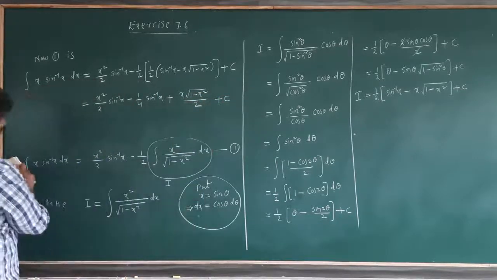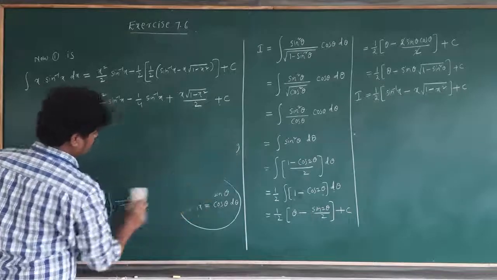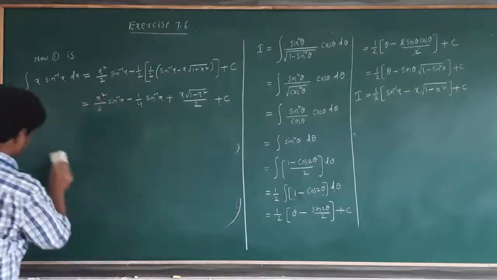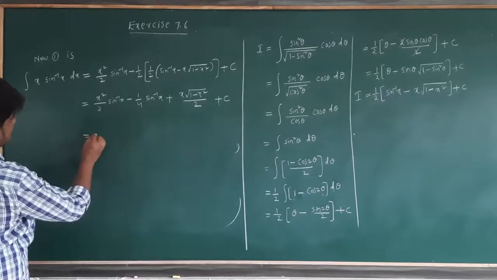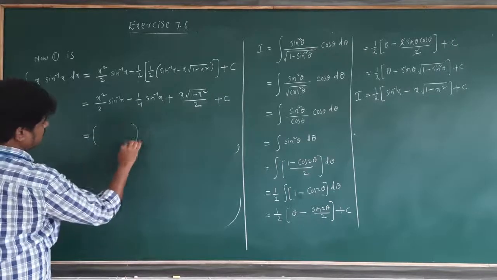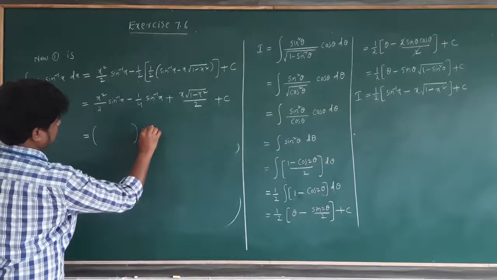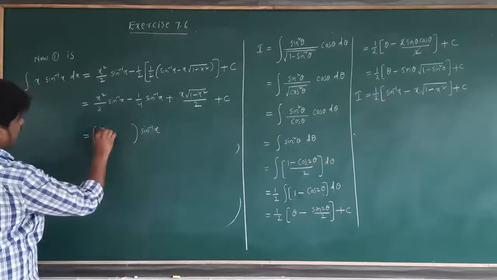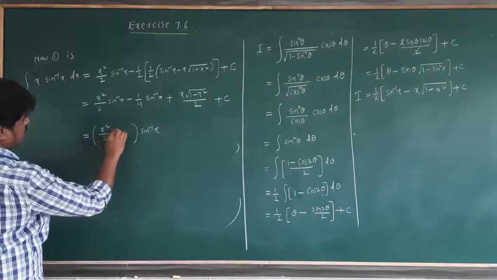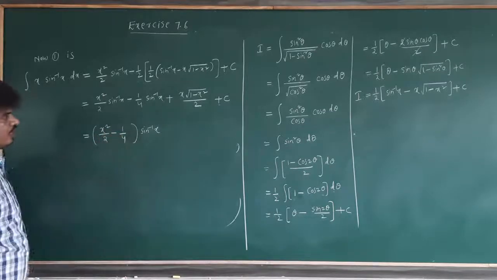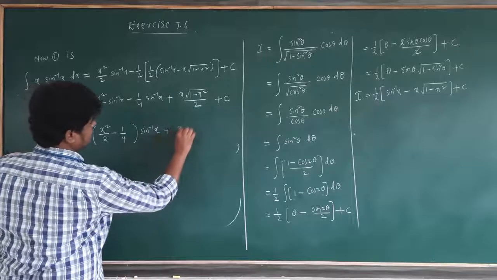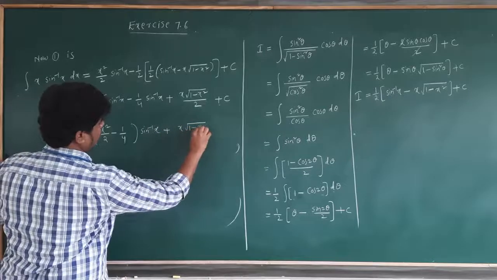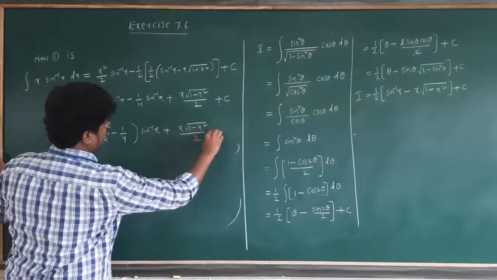Now from the first two terms, take sin inverse x common. Here what will be x square by 2 minus 1 by 4. If you write it here also they will give marks, plus x root over 1 minus x square by 2 plus c.